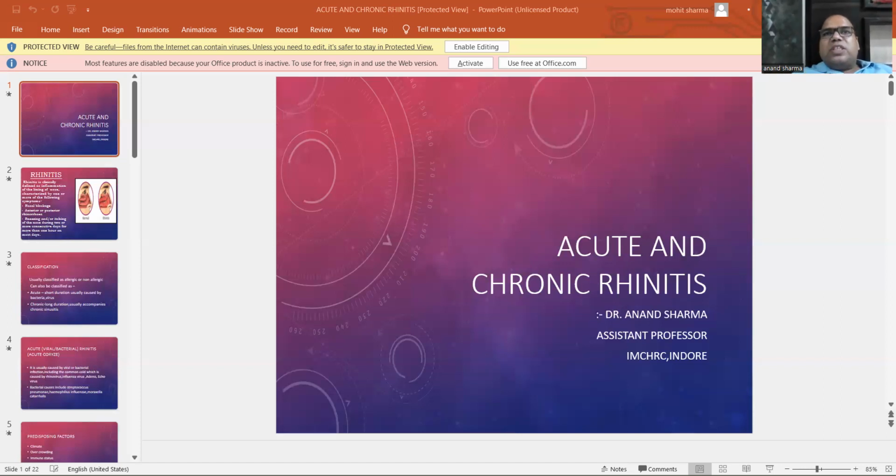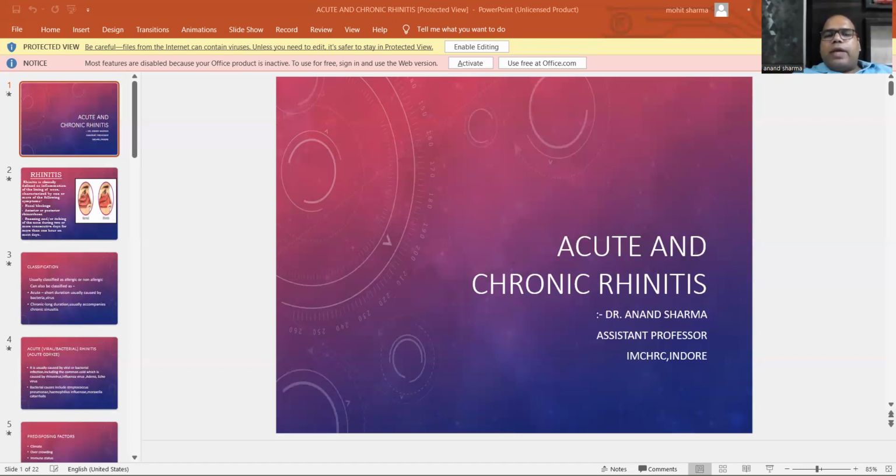That is, the changes in the mucosa are more definitive in the chronic case as compared to acute cases. In acute cases, it is usually, as I told you before, caused by bacteria or virus. But the symptoms are like common cold: sneezing, watery discharge from the nose, nasal blockage, headache. So these are all the common symptoms which we get in acute rhinitis.